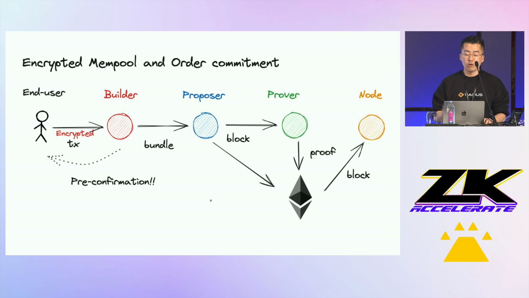Since builders cannot see the contents of the transactions, they cannot manipulate the order. That's why the builder can respond with this order commitment to users, which means fast pre-confirmation, not waiting for the proposer to build a block. At the builder side, you can respond with this pre-confirmation.